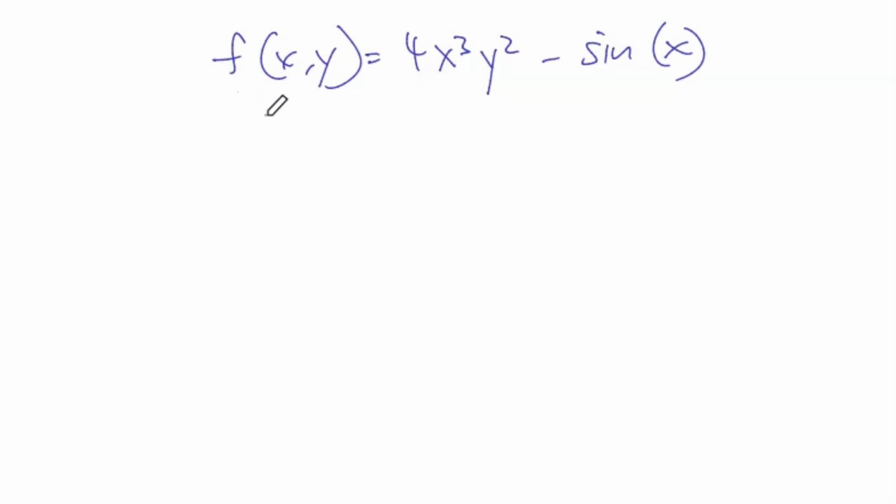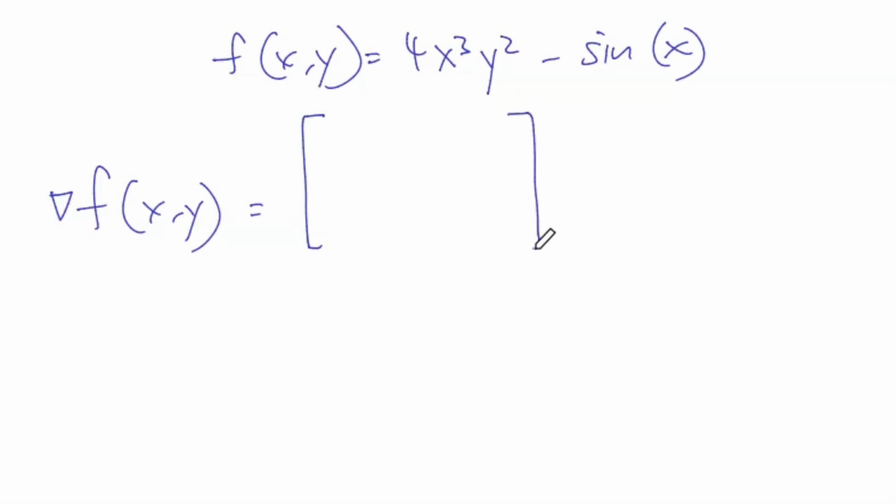To find the gradient of this function, it is a vector, a two-row vector. The first row is the one we derive over x, and the second row is the one we derive over y.